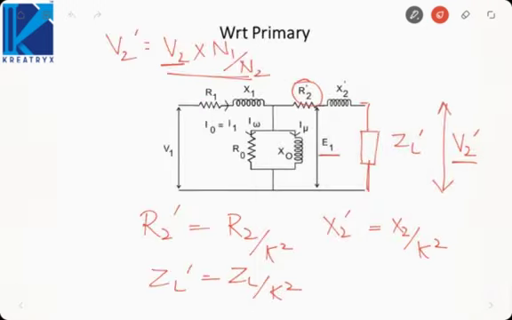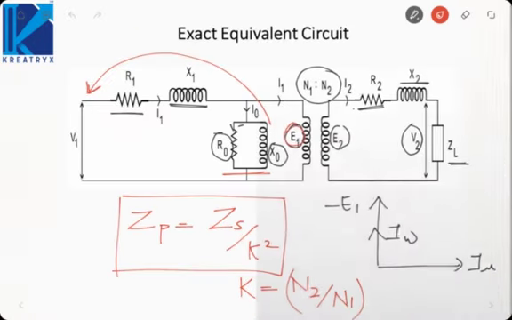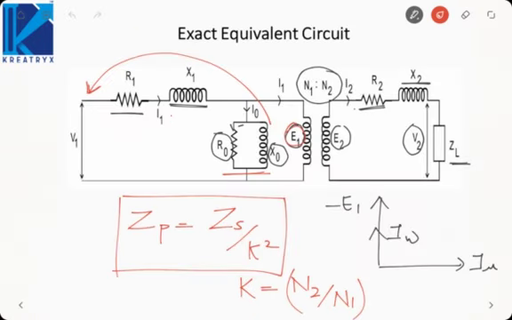So if we consider the exact circuit, when I1 will be equal to I0, V1 is the voltage here, E1 is the voltage here. So I can say V1 minus E1 will be equal to I0 into Z1. There will be a voltage drop I0 into Z1. Z1 is the impedance R1 plus jX1.